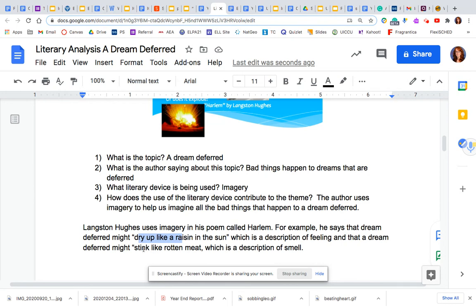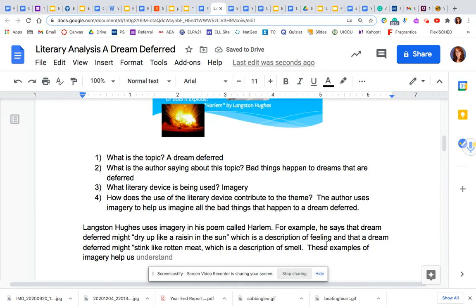Okay, which are those examples of imagery. These examples of imagery help us form, so they help us imagine all of these bad things, right?